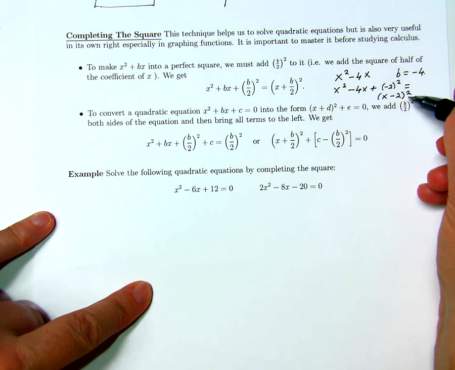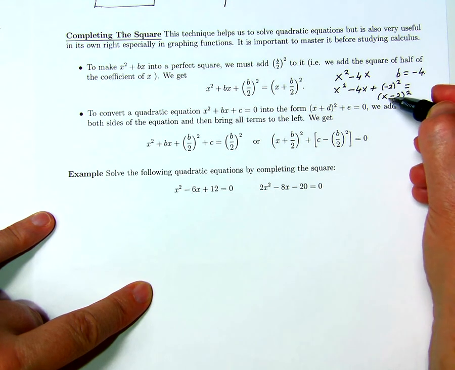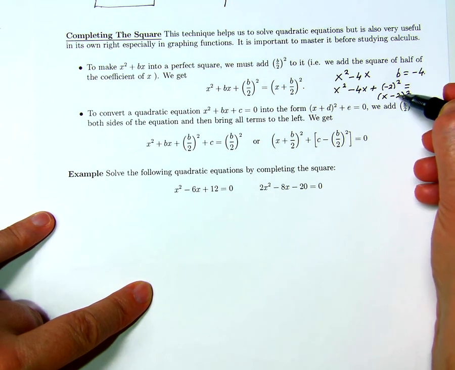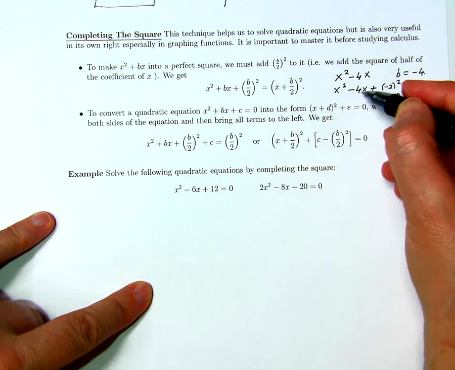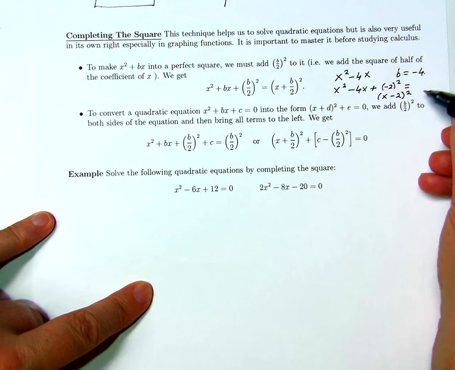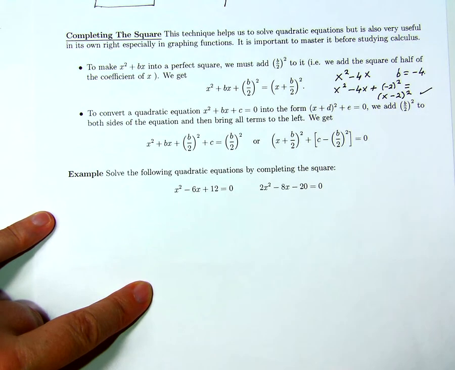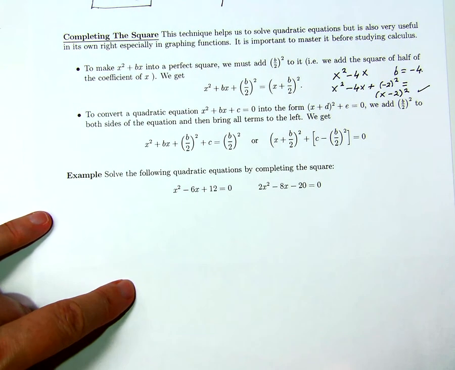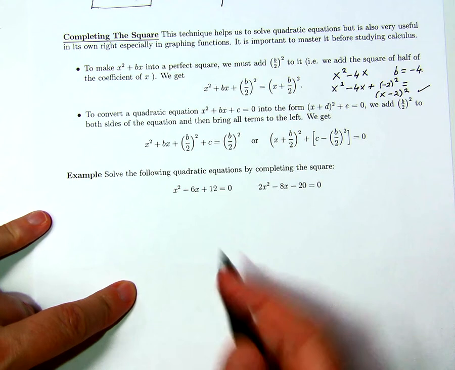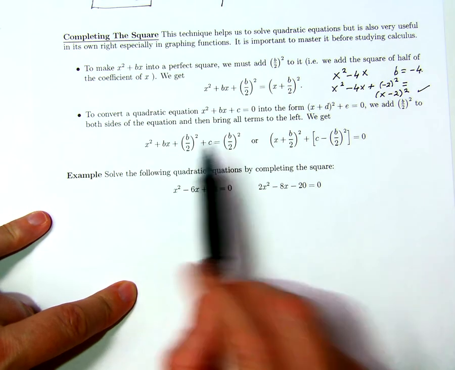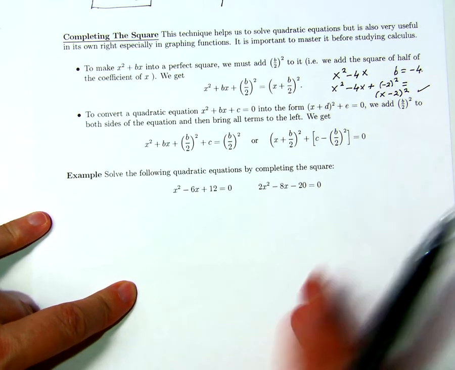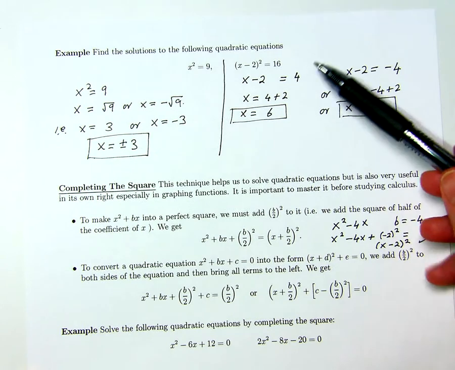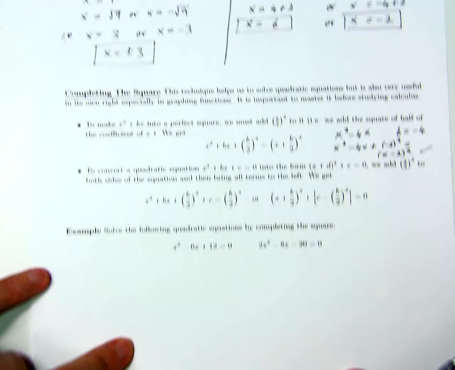And you can check this out. This is x squared plus 2 times minus 2 times x, which is minus 4x, plus minus 2 squared.